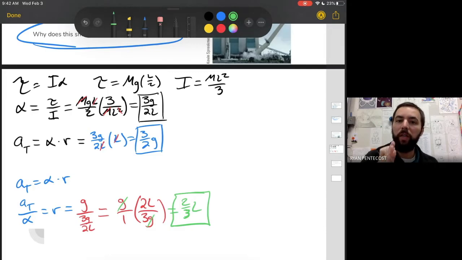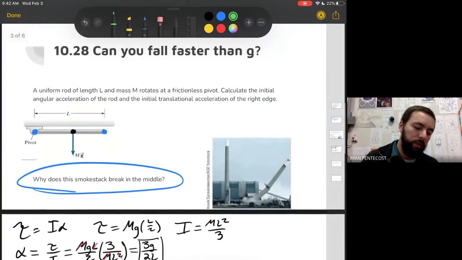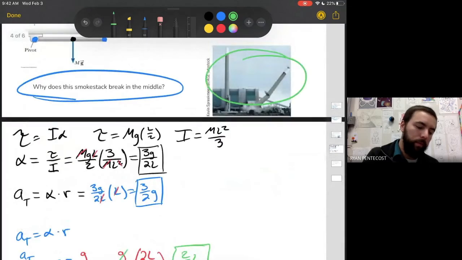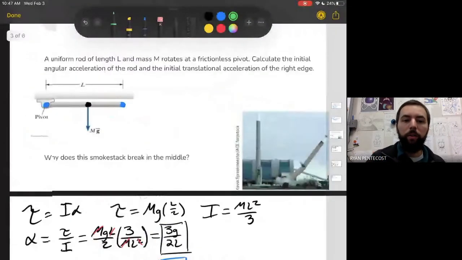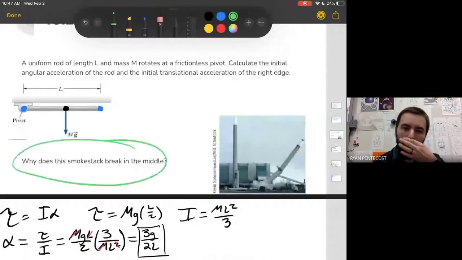But any further than that, and you're accelerating faster than g, and that's going to cause some issues on that structure, which is what we have right here. Now, the next question asks us, why does this smokestack break in the middle, right?